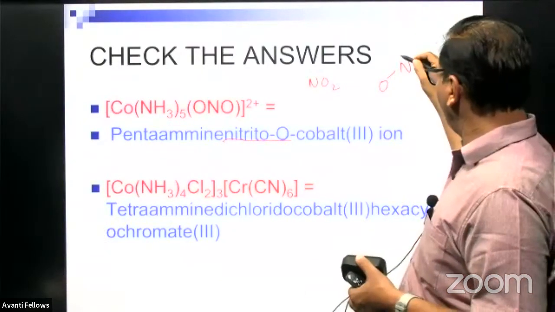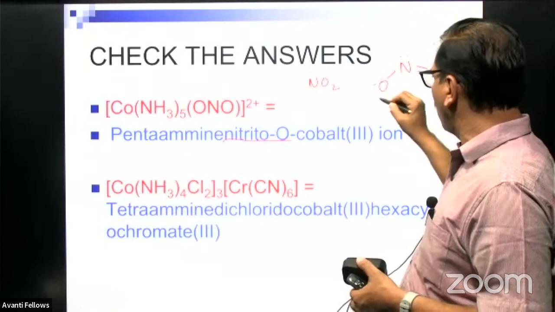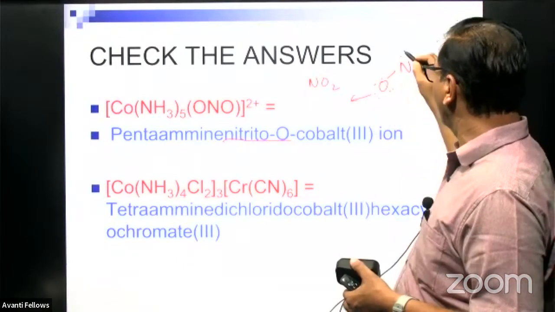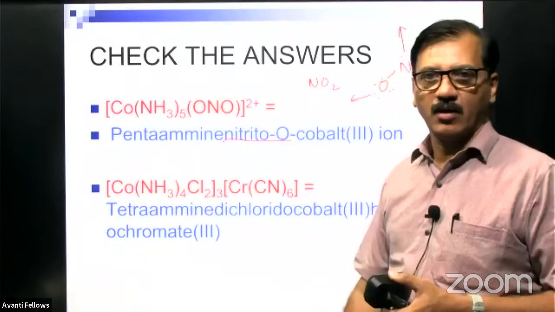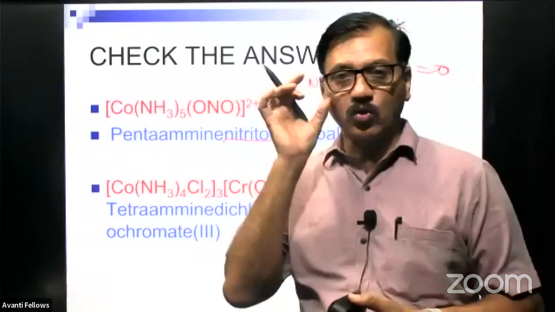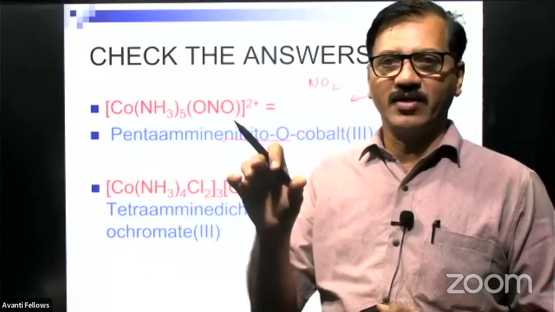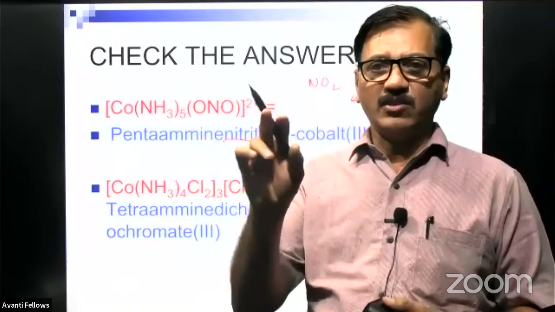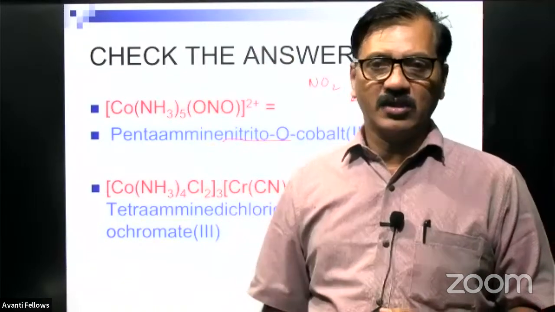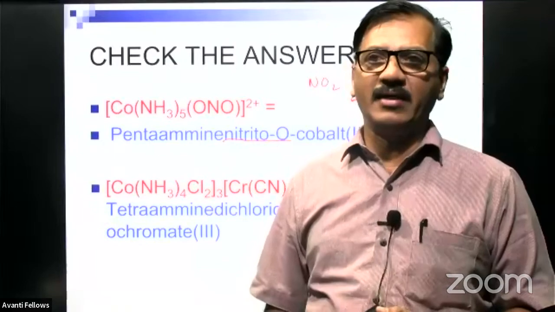It can bind with nitrogen or it can bind with oxygen, but it ligates through only one atom at a time. Such kinds of ligands are called ambidentate ligands.